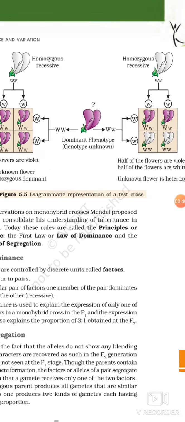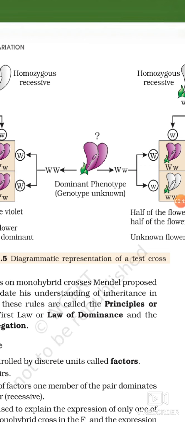In figure 5.5, see the center, there is a violet flower, but we don't know the genotype of this violet flower, whether it is capital W capital W or capital W small w, meaning whether it is a pure violet or a hybrid.